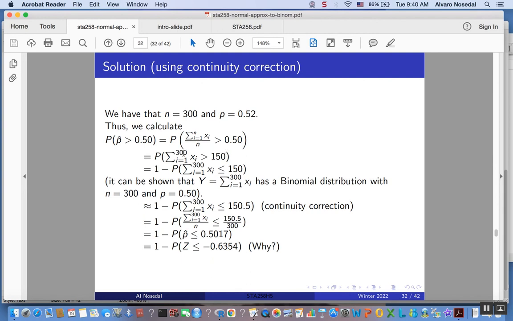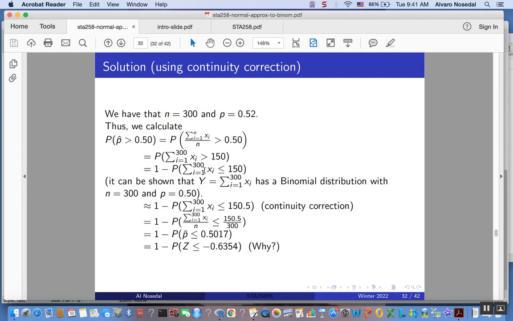Then using basic probability properties, this would be the same as 1 minus the probability that the sum of the Xi's is less than or equal to 150. We have already shown that the sum of the Xi's has a binomial distribution.